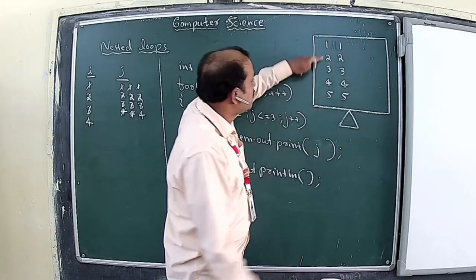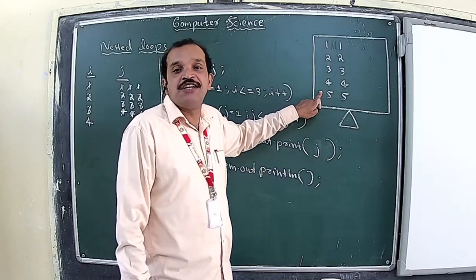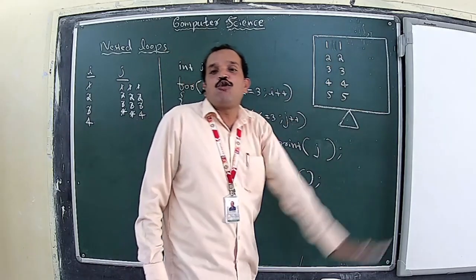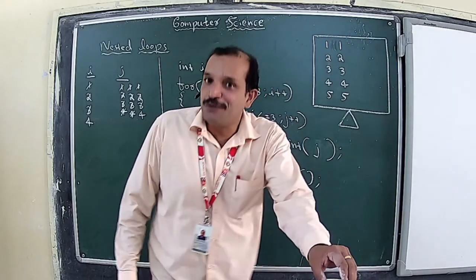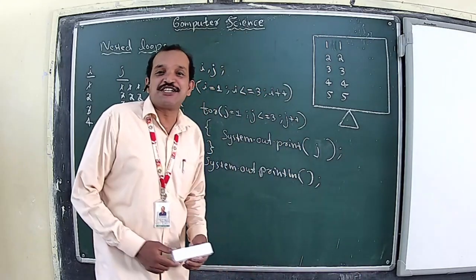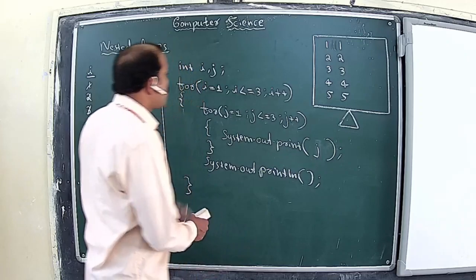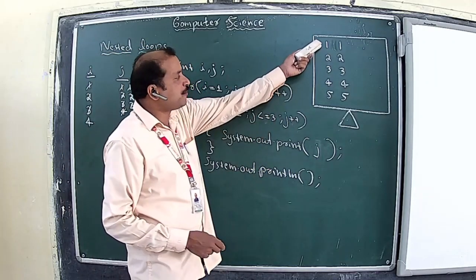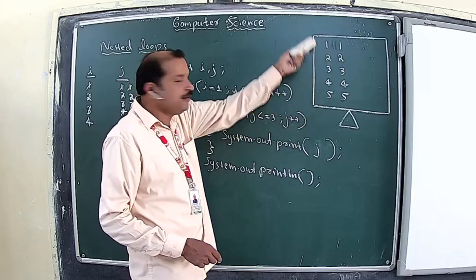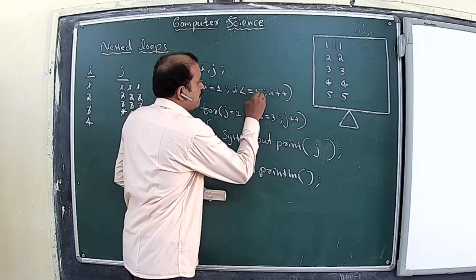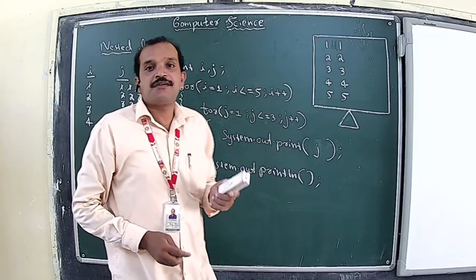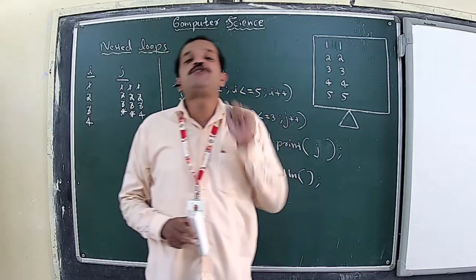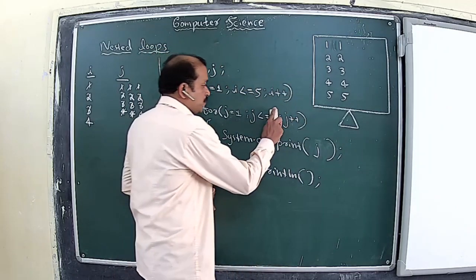As we have seen, there are 5 rows involved in this output, whereas only 2 columns are involved. So it is very clear, since the outer loop is responsible for the rows, the outer loop should iterate 5 times, from 1 to 5, whereas the inner loop needs to iterate only 2 times, since there are only 2 columns.